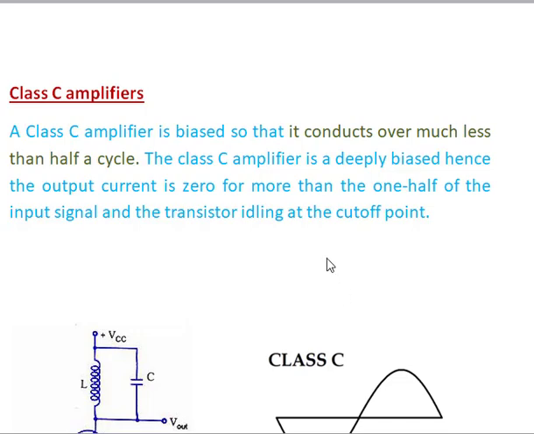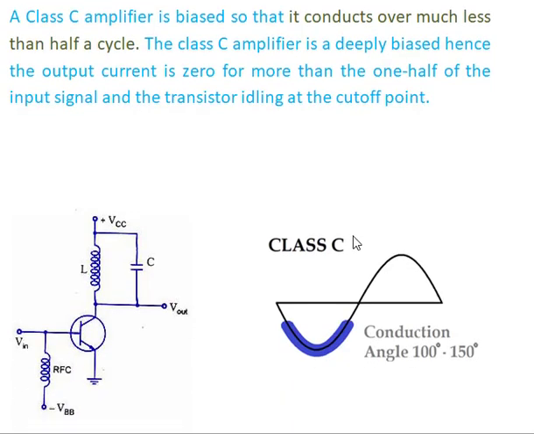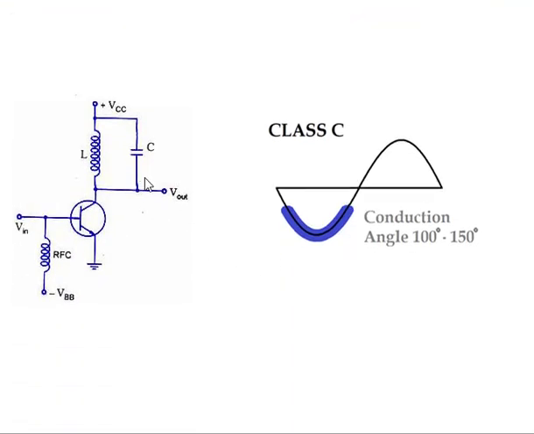So the class C amplifier is biased, hence the output current is 0 for more than one half of the input signal, as it conducts over less than half a cycle, and the transistor is idle at the cutoff point.